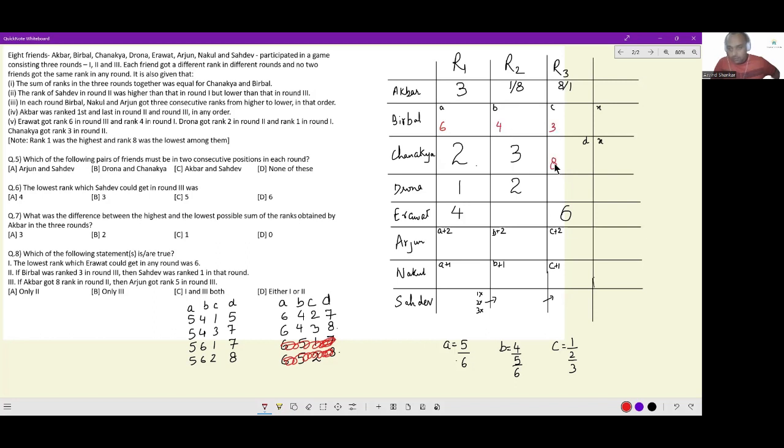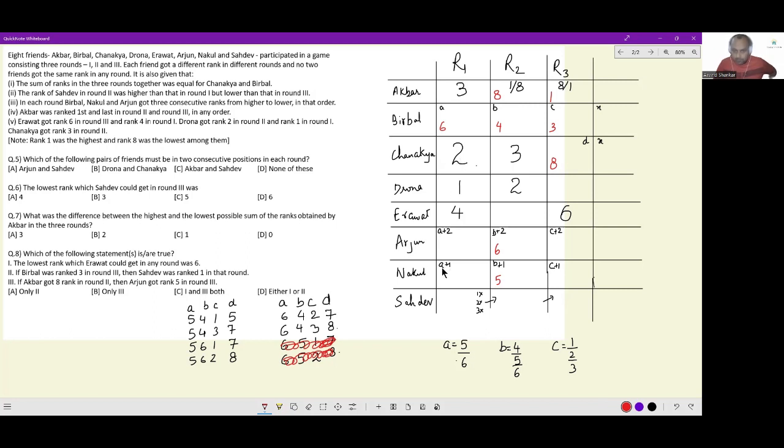6, 4, 3, 8. If I get 8 here, I get 1 here, I get 8 here. Okay, this is 4, this is 5, this is 6, 1, 2, 3, 4, 5, 6, 7 and 1. 1 and 7 are left. Okay, I'll worry about it later.